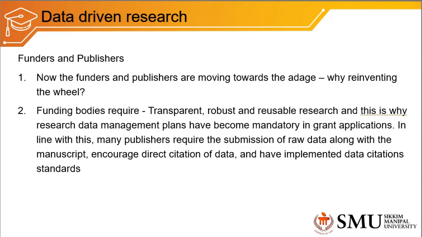Funding bodies require transparent, robust, and reusable research, and that is why research data management plans have become mandatory in grant applications. In line with this, many publishers also now require submission of raw data along with the manuscript, which encourages direct citation of data, and have implemented data citation standards.